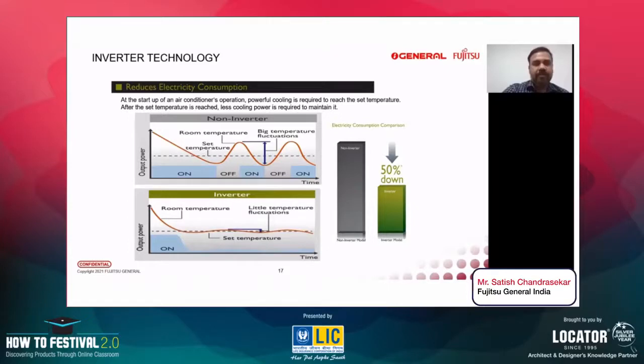In some cases, the energy saving is even as high as 50%. And this is not something I'm just saying. If you actually have a normal air conditioner and an inverter air conditioner at home, and you run them for the same amount of time over a period of say a month or 2 months or 3 months, you can actually see the difference in your electricity bills. So there is direct benefit.